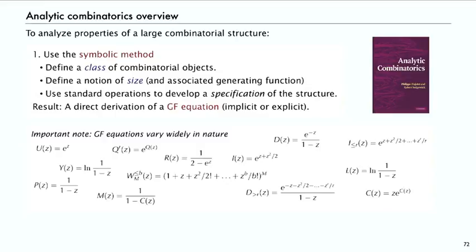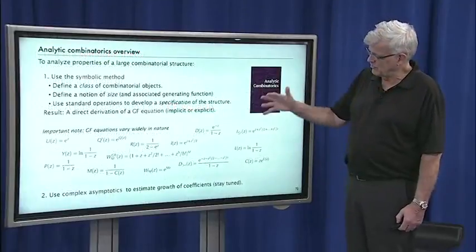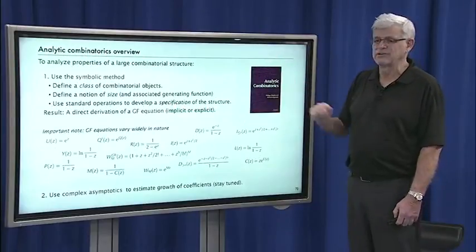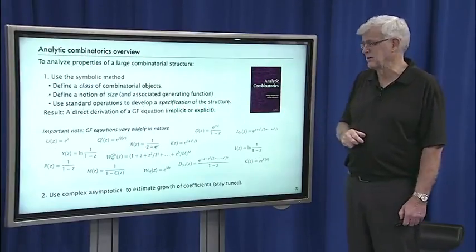So in the second part, where we derive asymptotics from generating functions, we're also going to need general tools that can handle all of these different types of generating functions.